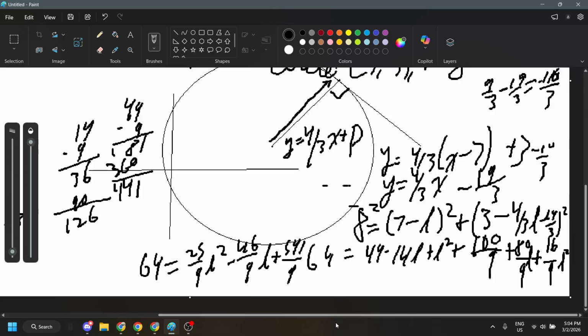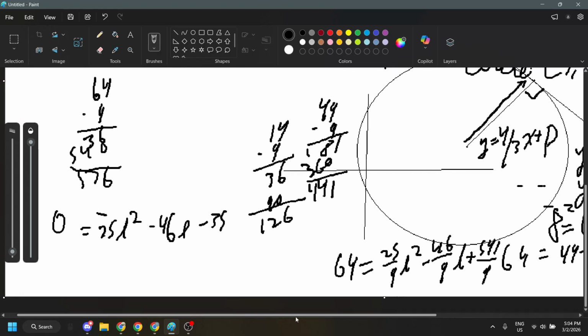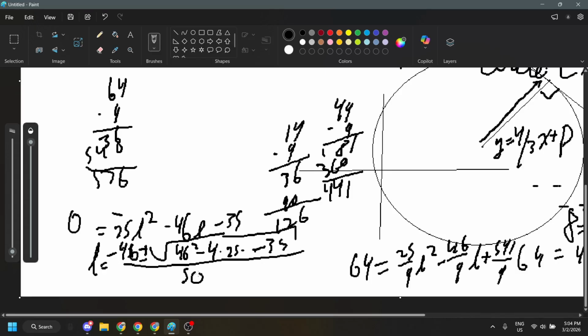Yeah. Okay, that seems right. So do I have to solve for L now? Man. Okay. L is going to be equal to negative 46 plus or minus the square root of 46 squared minus 4 times 25 times negative 35, all over 50.